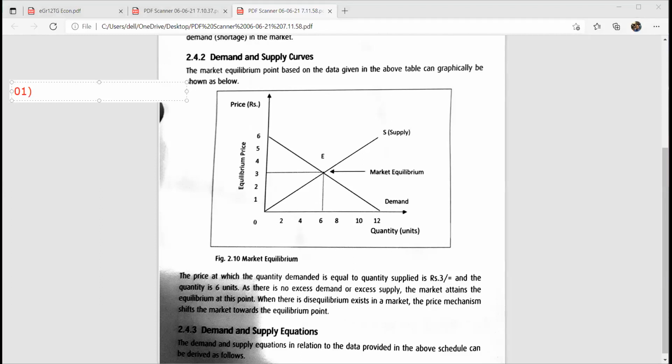First one, increasing the price of chicken.